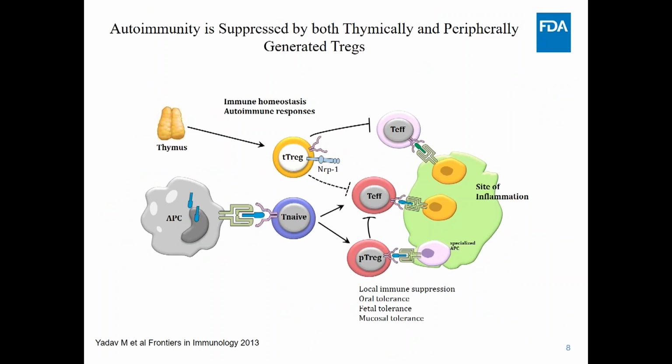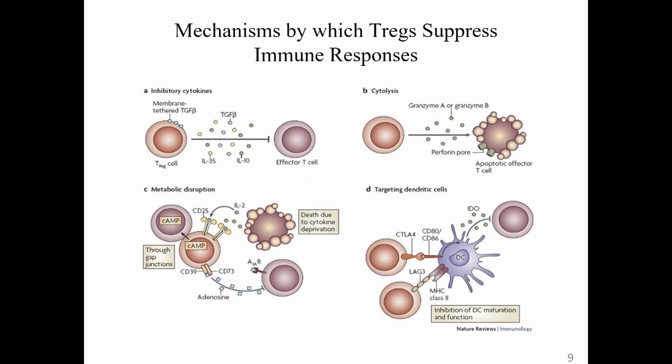As well, there are peripheral mechanisms for generating Tregs. So the thymus-derived Tregs are marked by neuropilin-1, that's one mechanism, but Tregs can be generated in the periphery depending on the antigen presenting context for naive T cells. And the mechanisms by which Tregs suppress immune responses are numerous and ever growing.